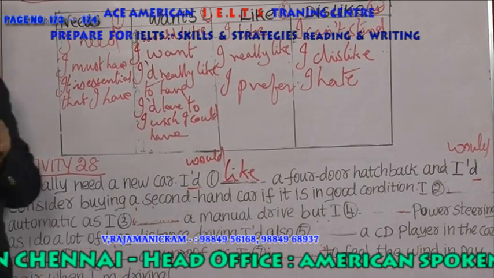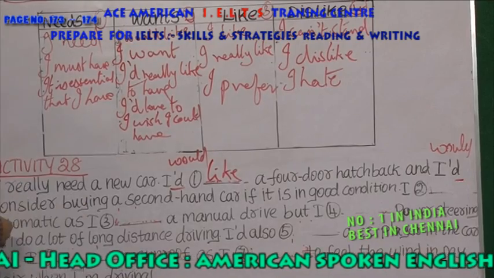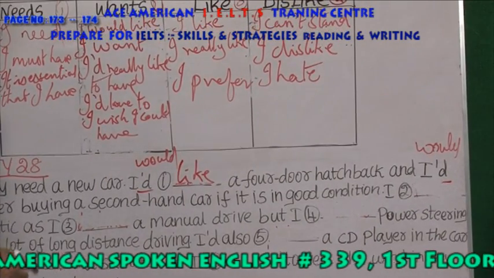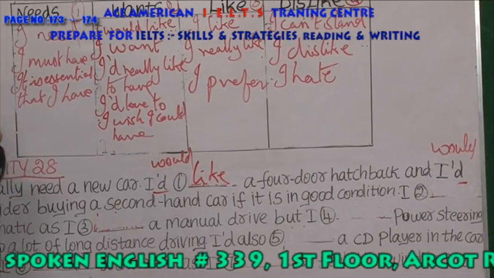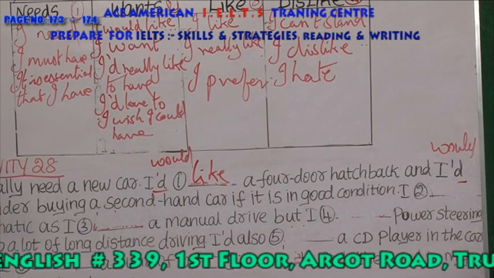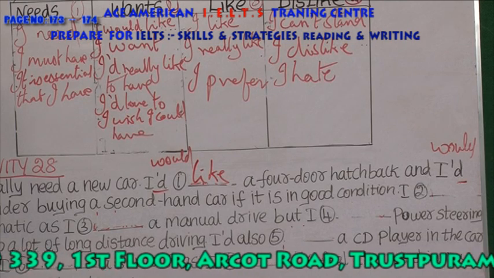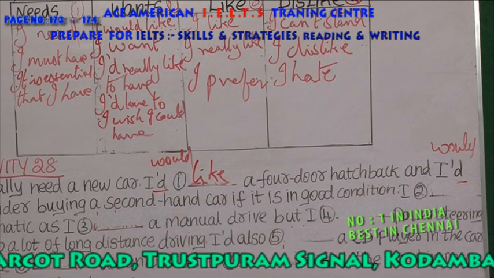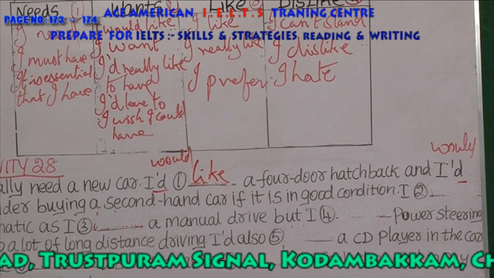Then coming here, I dash automatic as, what is that second? I prefer automatic as, what is the third?